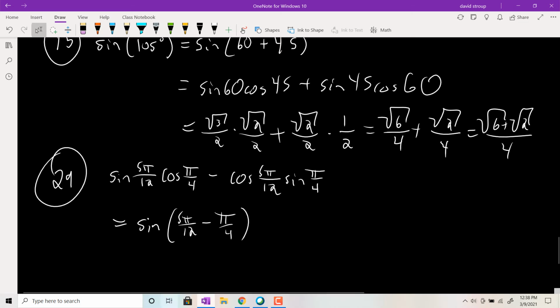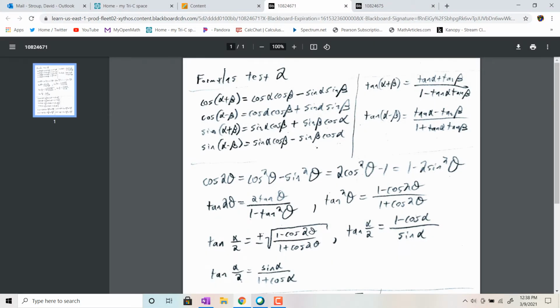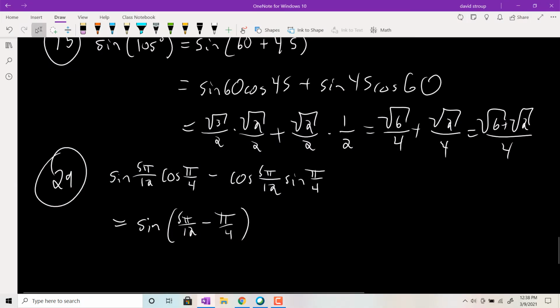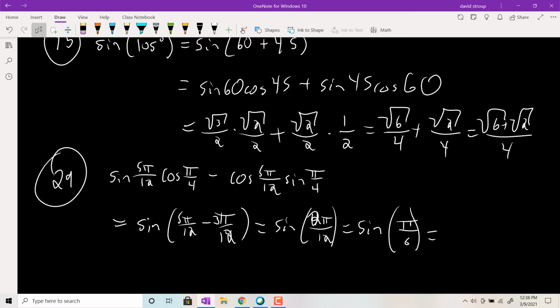Right, so we just use those 4 formulas, but use them in the other direction. So I'm starting on the right side of the last of those 4 formulas, and then going to the left. Okay, and then I should be able to simplify this. If I find a common denominator, pi over 4 will be 3 pi over 12. 5 pi over 12 minus 3 pi over 12 is 2 pi over 12. And then simplifying that, sine of pi over 6. Sine of pi over 6 is just 1/2.